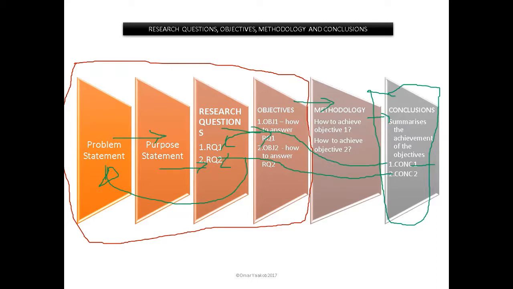So this is the scheme of things in research. We start with a gap in knowledge and we end with filling in the gap in the conclusions. Along the way, you define the purpose, the research questions, the objectives, and how you want to achieve the objectives, carry out the work, and finally you get the conclusion.